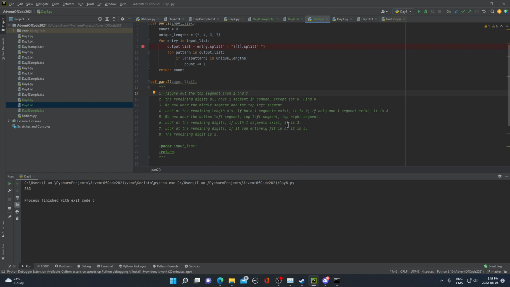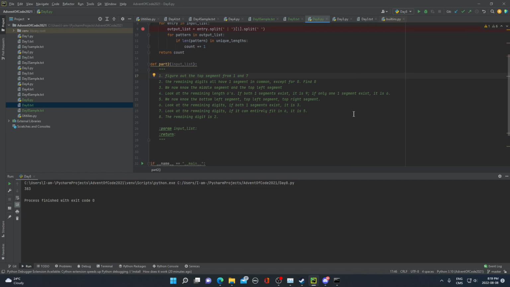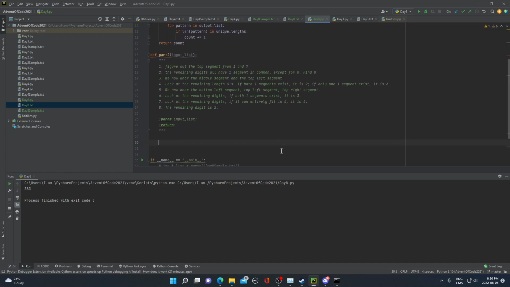That way we can search the output and then we figure out what it is. How this actually works, I don't know, but let's just start coding and figure out from there.